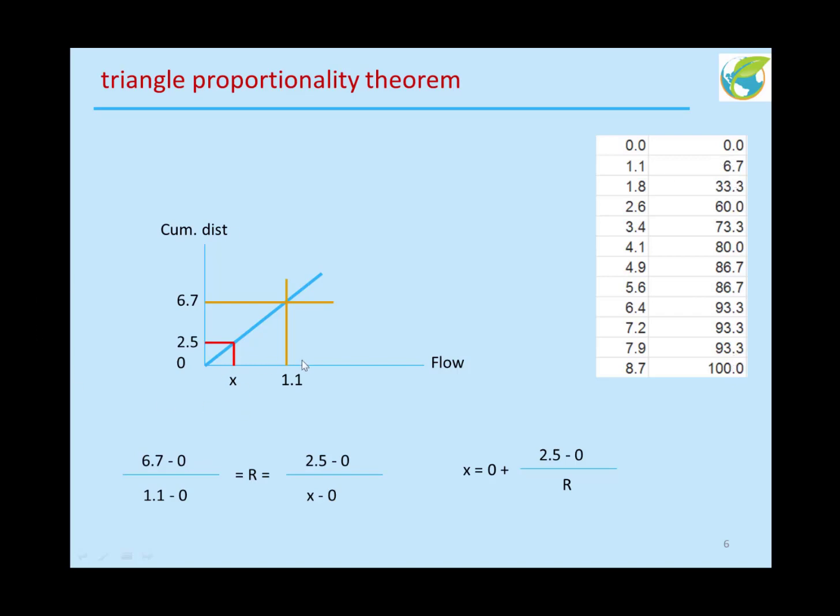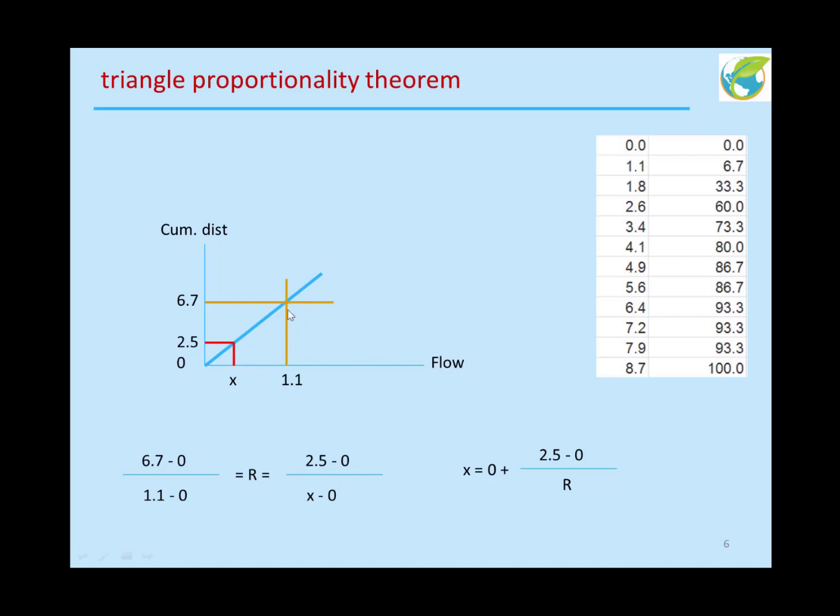So I can say at 1.1 I have 6.7 on the cumulative distribution, so I can draw these orange lines. And what I would like to get is 2.5%, so this is my x.